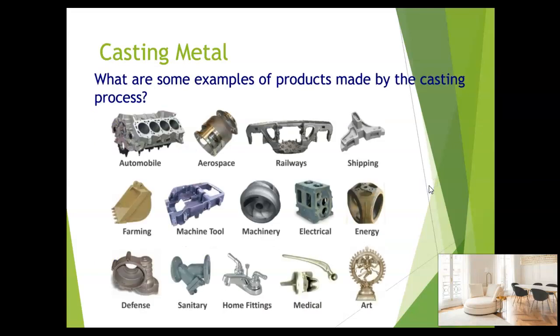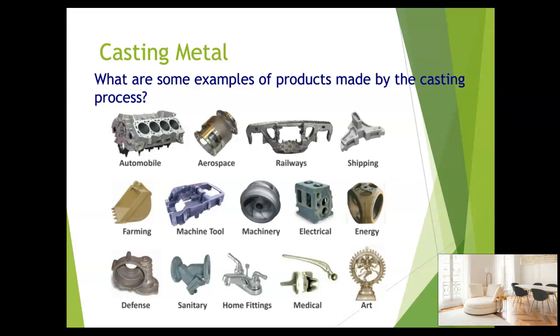As we think about some examples of products made by the casting process, we can talk about engine blocks in the automobile industry. Those engine blocks might be cast iron, they might be aluminum, depending on what the specifications for the engine is. We've got all sorts of products here. Railways use these. Machine tools might use castings with cast metal.